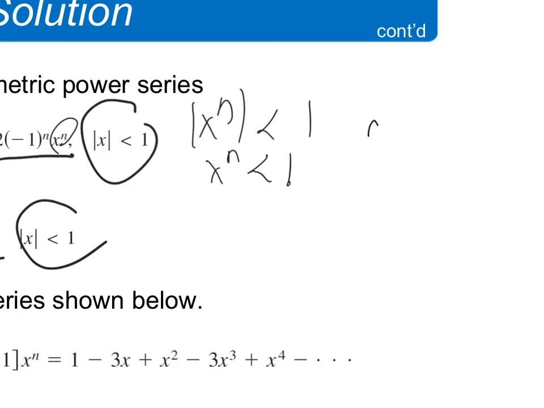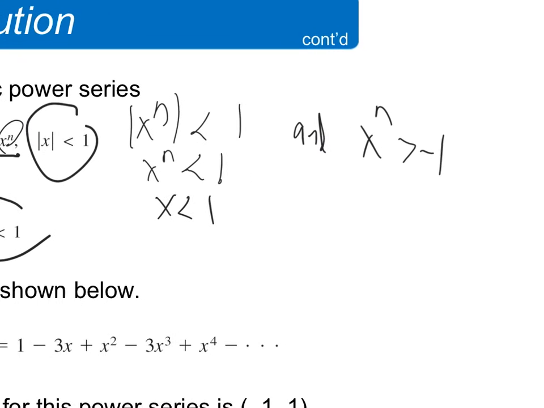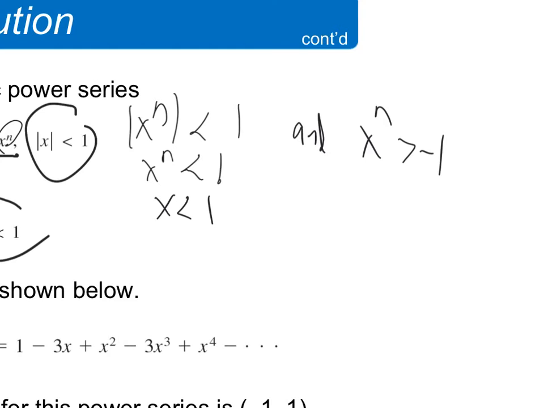And the other part was, and x to the n is greater than a negative 1. So that gives me, if I nth root both sides, x is less than 1. If I nth root both sides, sometimes x will be greater than a negative 1. Sometimes.